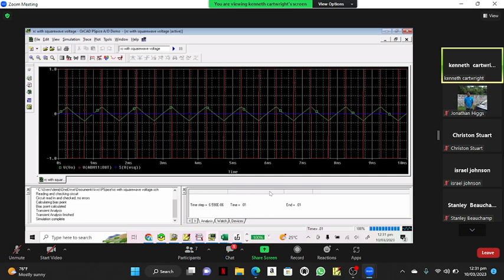The blue should look like green. Why doesn't the blue look like the green? Do you have to adjust your final time? No. Why do I have to adjust my final time? I was just thinking about the last PSpice assignment I had.